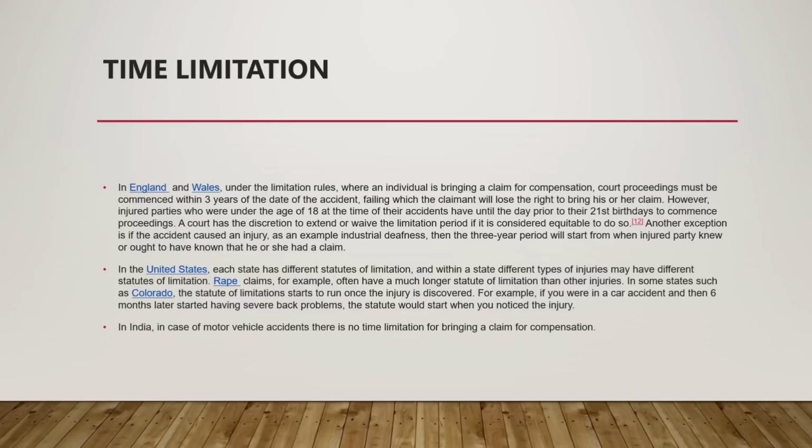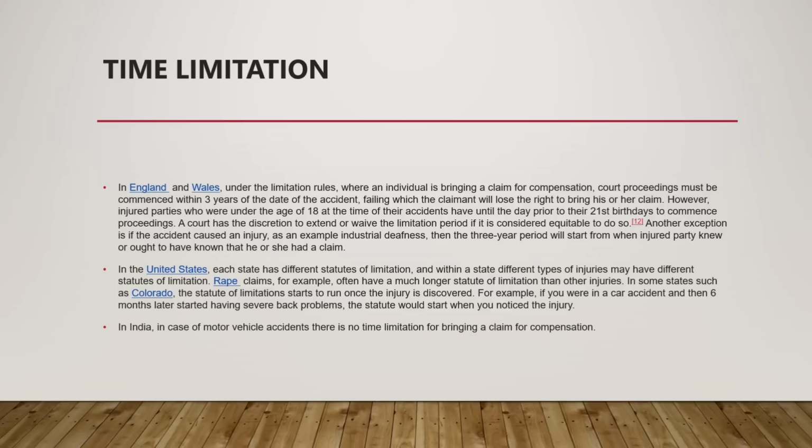In England and Wales, under the limitation rules, where an individual is bringing a claim for compensation, court proceedings must be commenced within 3 years of the date of accident, following which the claimant will lose the right to bring his or her claim.